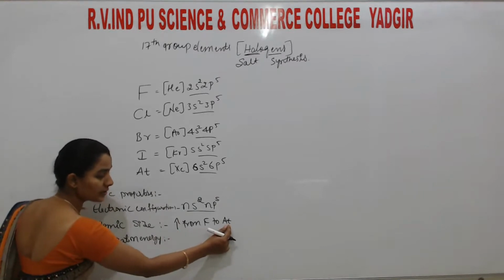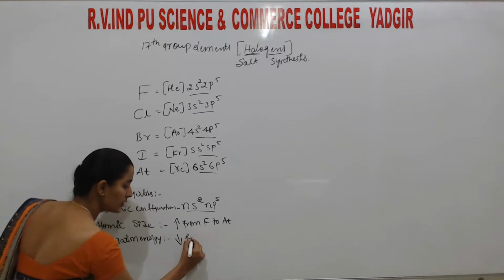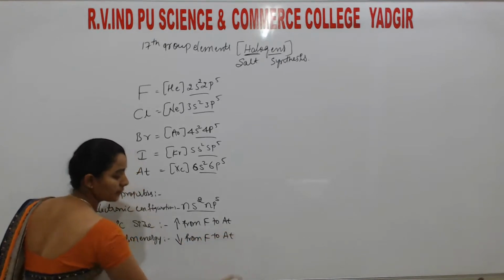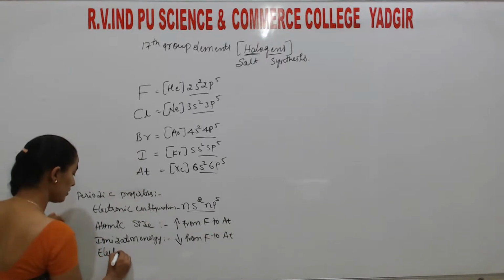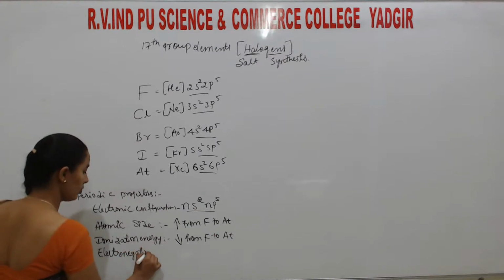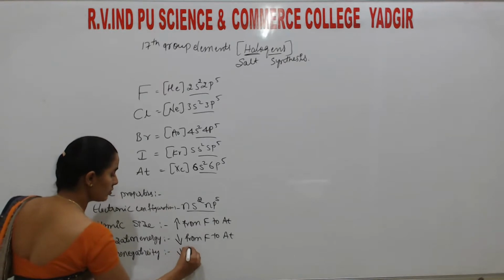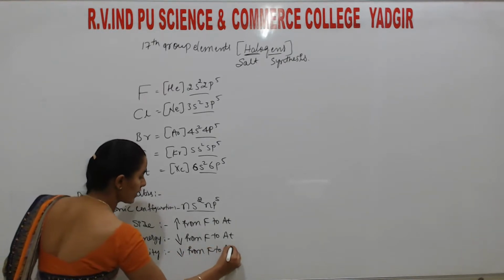As the size increases, ionization energy decreases, that means it decreases from fluorine to astatine. Next, electronegativity. This also decreases from fluorine to astatine.